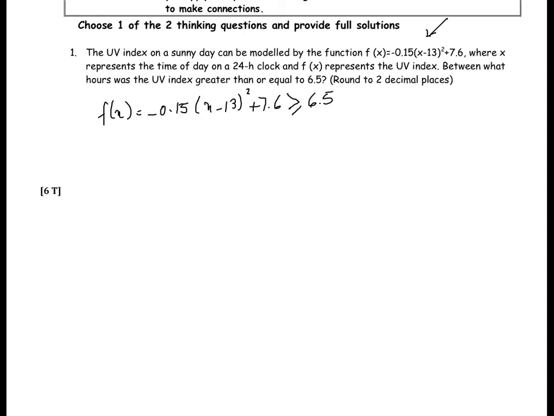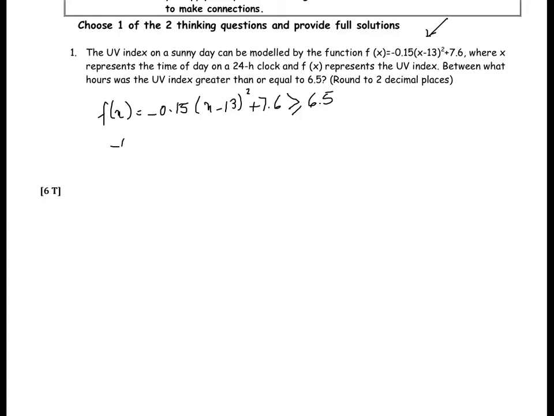I told you in a previous video that this type of equation is an inequality, and we treat them exactly like equality equations, meaning that instead of greater than or equal to 6.5, I just solve it when it's equal to 6.5.